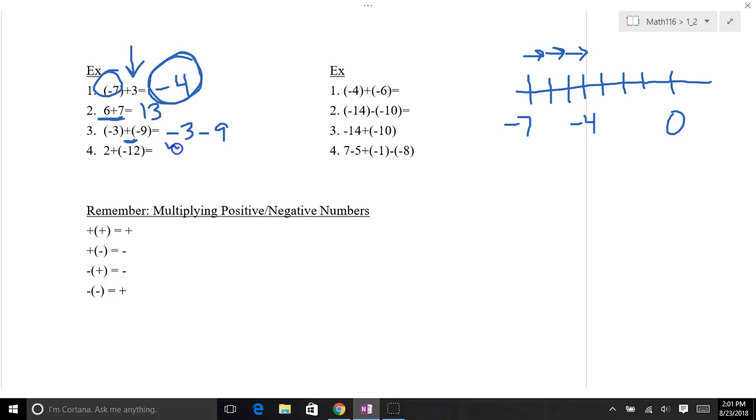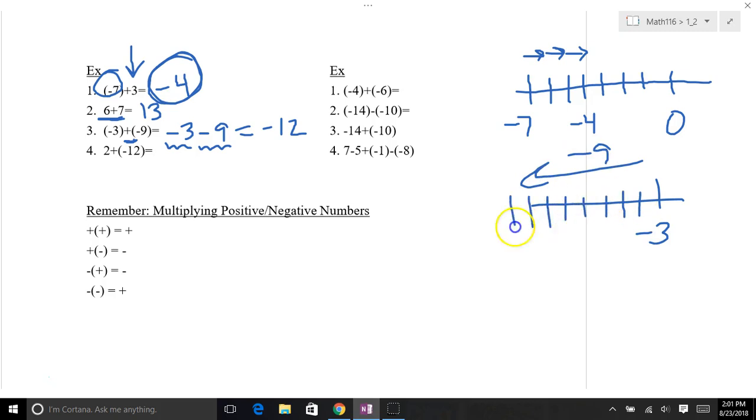So if I'm in debt $3, I'm going $9 more in debt, I'm in debt $12. In other words, you're at -3 and you're going back 9 more. You're subtracting 9 from there. So you end up at -12 if you go back 9, right?